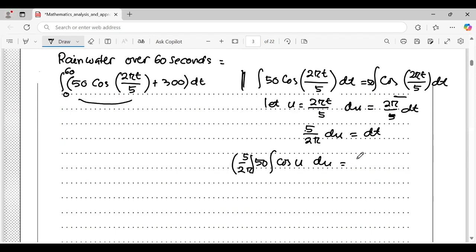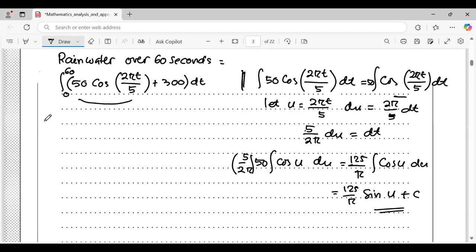So it becomes 250 divided by 2, 125 over pi, cos u du. It is 125 over pi sine u plus c.